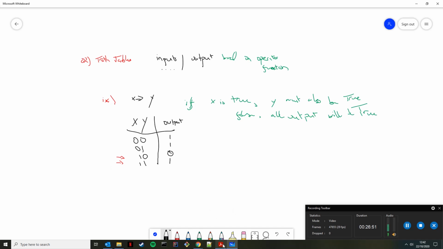Now, I believe the next question is the double implies. Yes. So, that's good. Let's put an arrow as well going the other direction to x. So x implies y and y implies x. What does this mean?